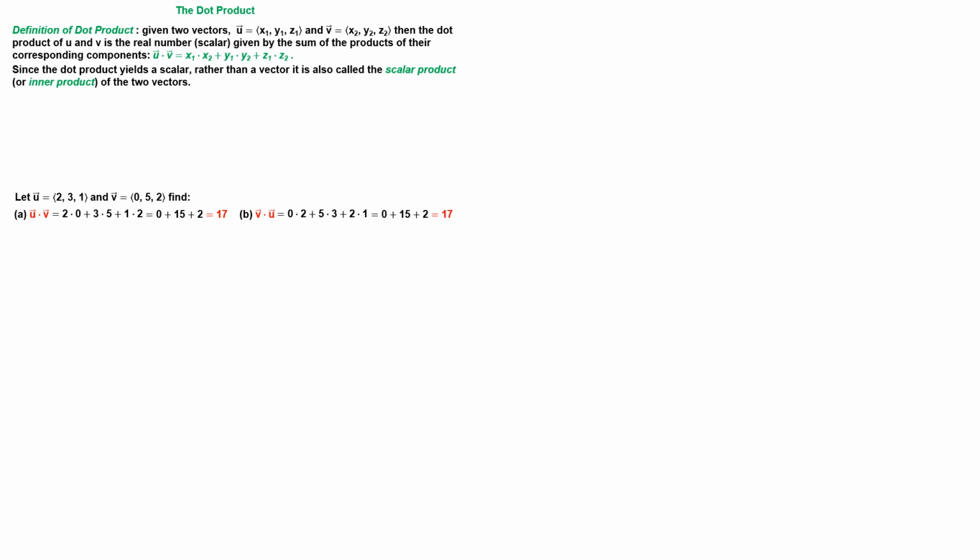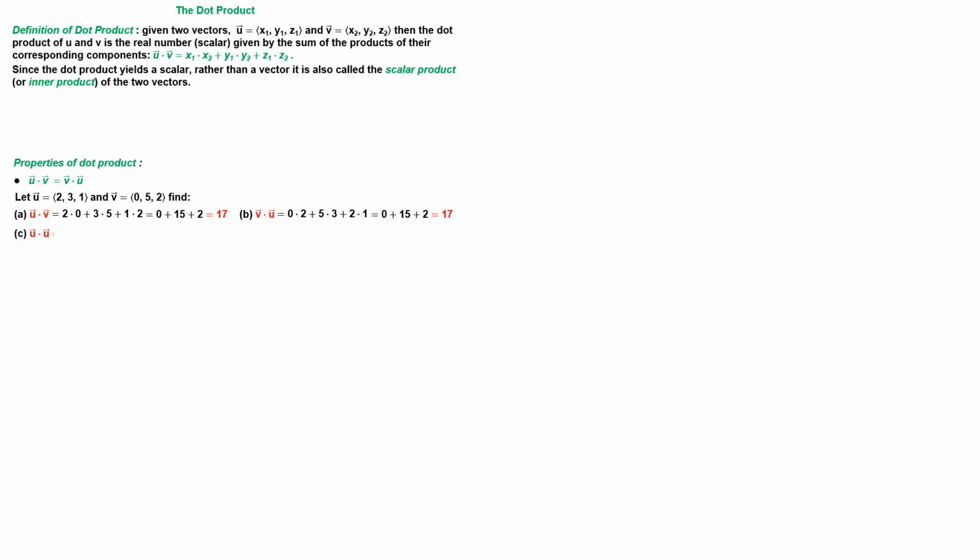After solving the a and b items, we can see that the dot product of two vectors is commutative. That is, u dot v is equal to v dot u. This is the first property of the dot product.